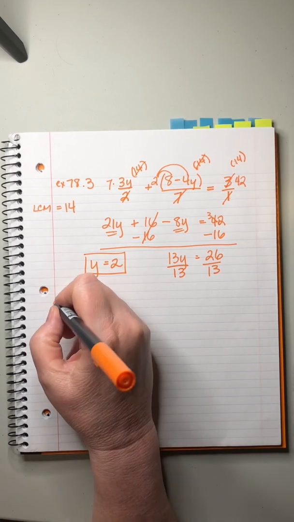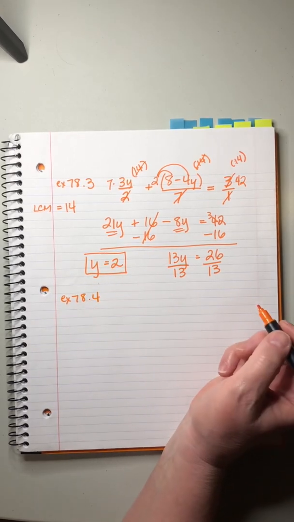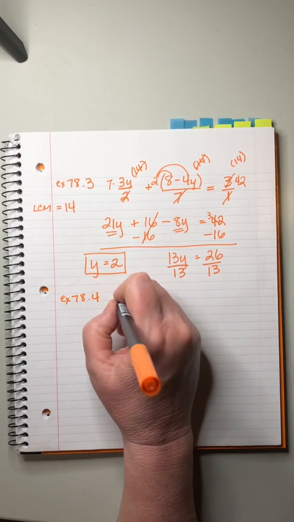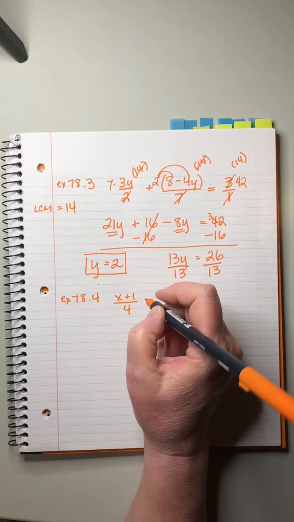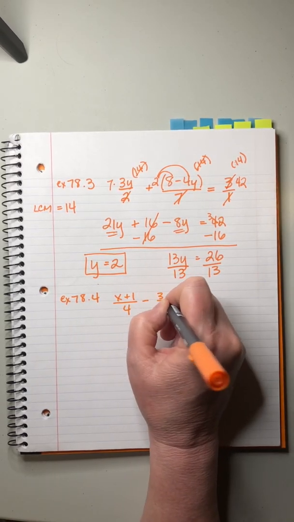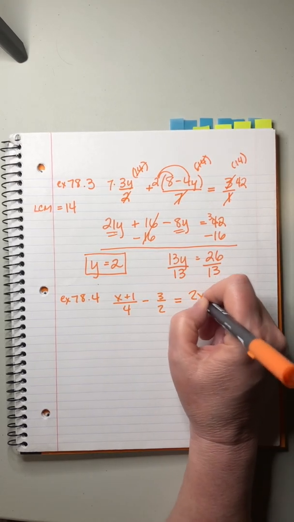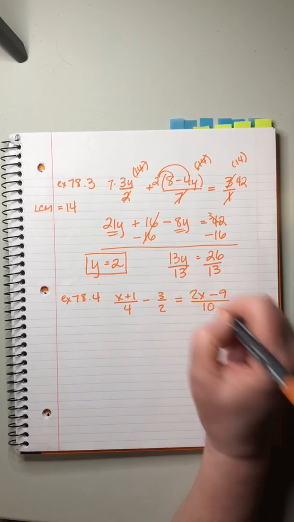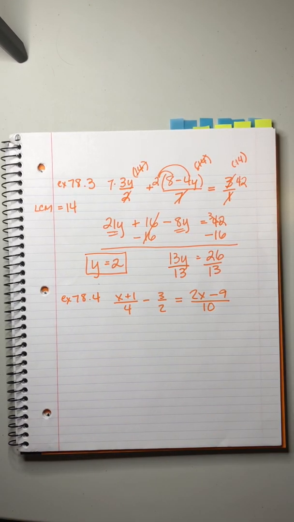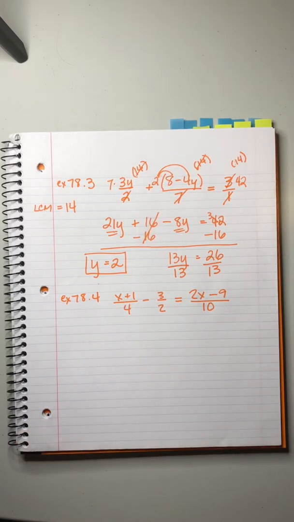Okay, last one. 78.4. Solve. And look what he's doing to us now. 2 of our numerators have binomials.